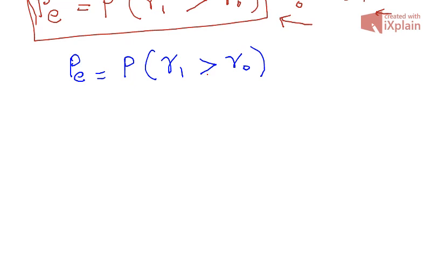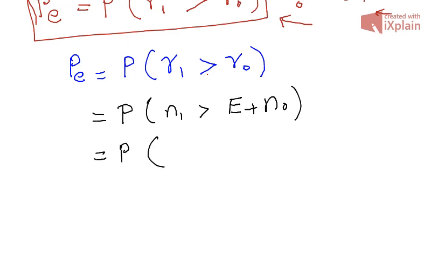It is found to be greater. So now if we substitute those values, it means that N1 is greater than the energy of the signal plus N0, right? And if we further write it using basic maths, it is N1 minus N0 is greater than E. This makes the probability of error.